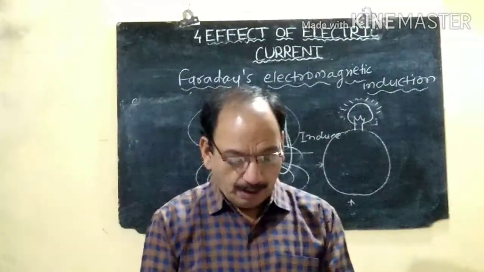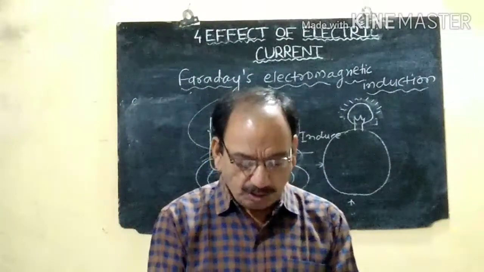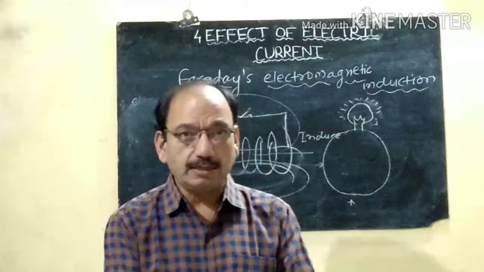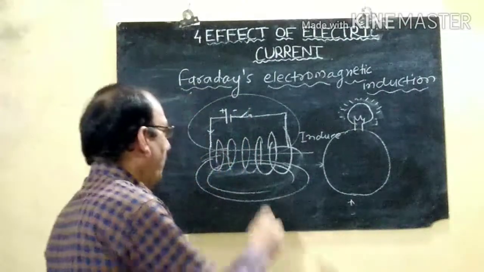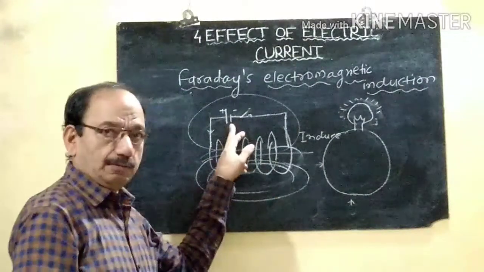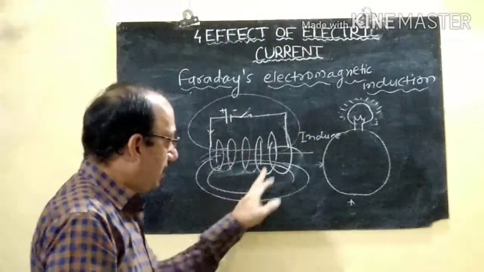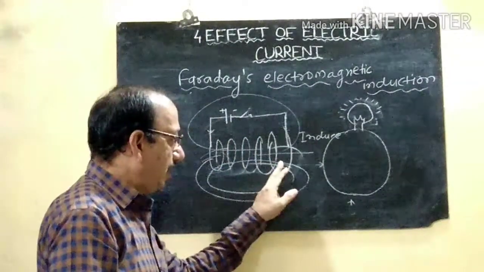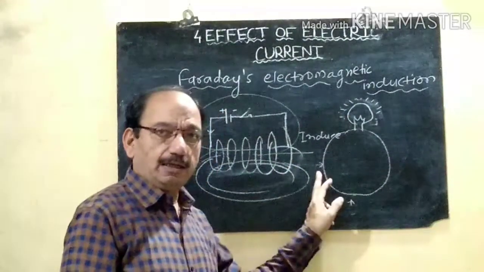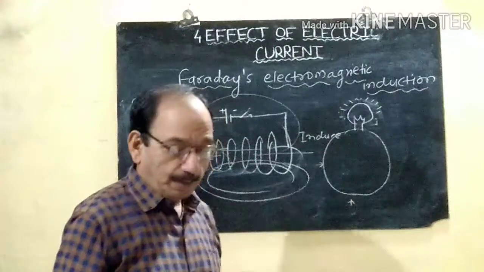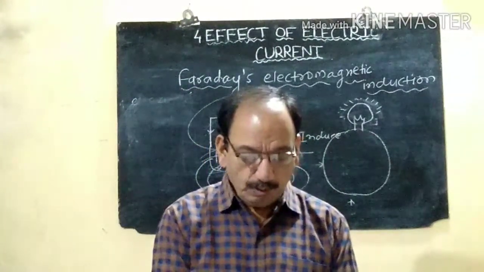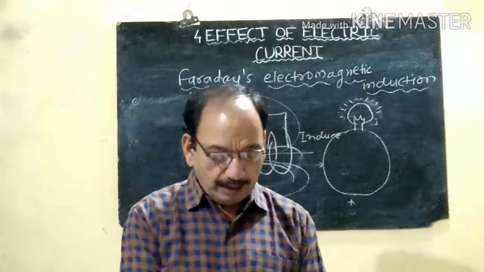Induction is also observed when the current in the solenoid coil is increased or decreased. By connecting a rheostat in this circuit, we can change the current. By changing the current in the solenoid coil, we can produce electrical current in this coil. Current is also induced in the coil when it moves aside from the solenoid.